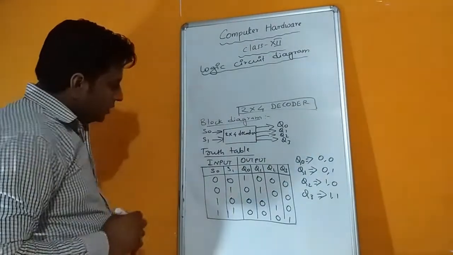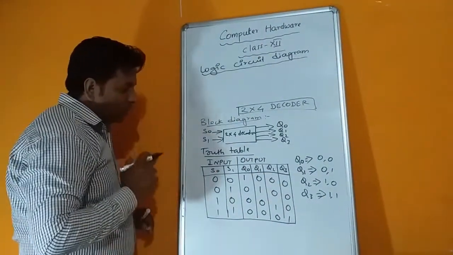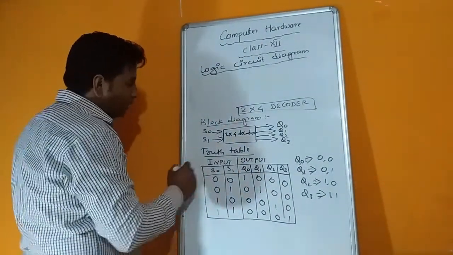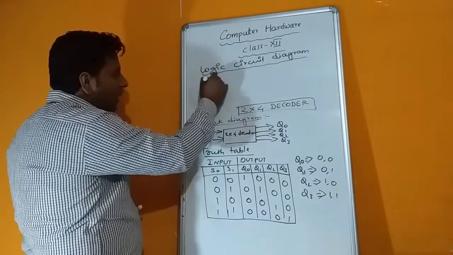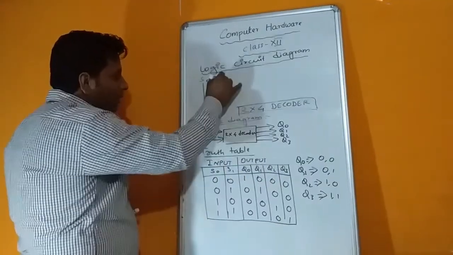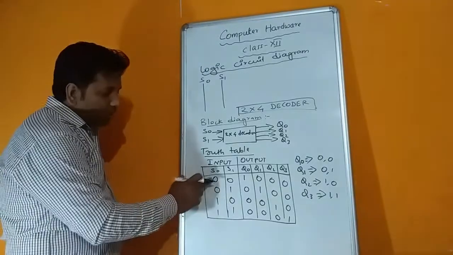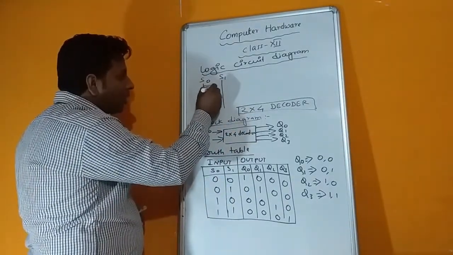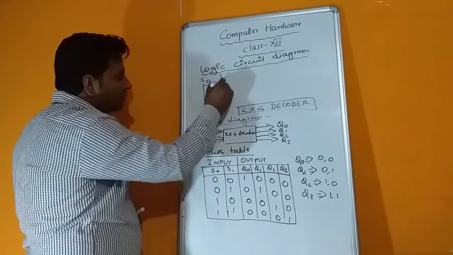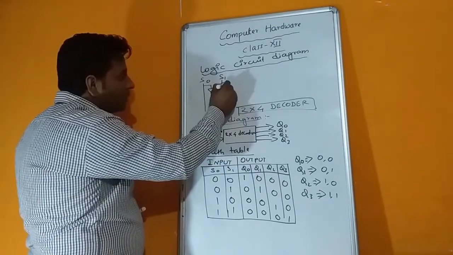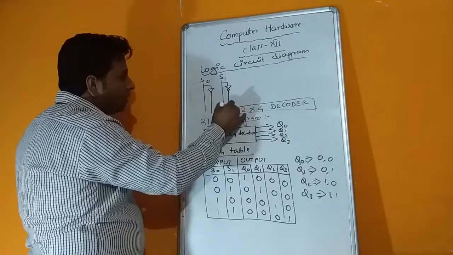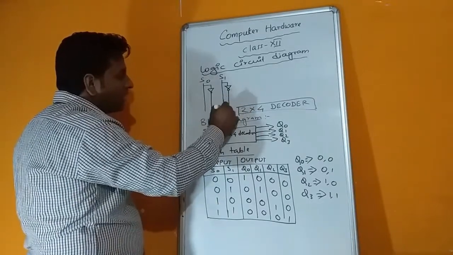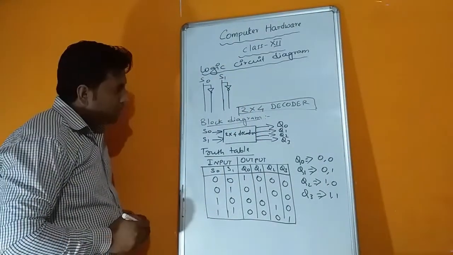Okay. So how many inputs do we have? 2 inputs, S0 and S1. So I'll just write S0 and S1 and I'll make a straight line over here. You can see we have 0 also, we have 1 also. So just parallel to this, we'll make the NOT gate also for each part.